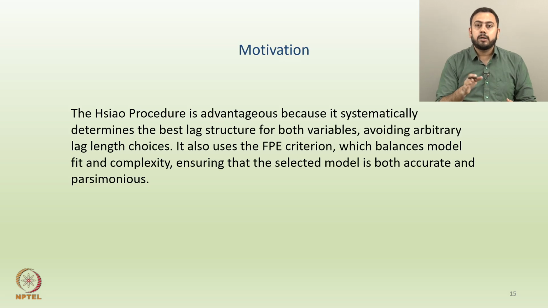And then we talked about the Hsiao procedure and Hoppe's test. All these ideas point to how you handle causality between any two series. Obviously, in the next lecture this week we will finish this entire idea about co-integration and causality through a practical R session. Thank you.